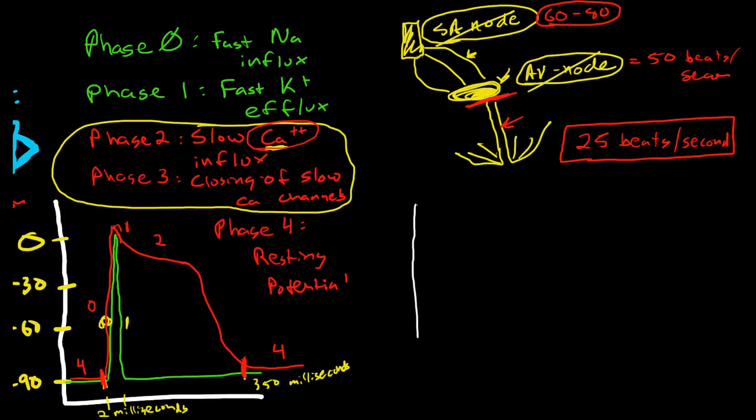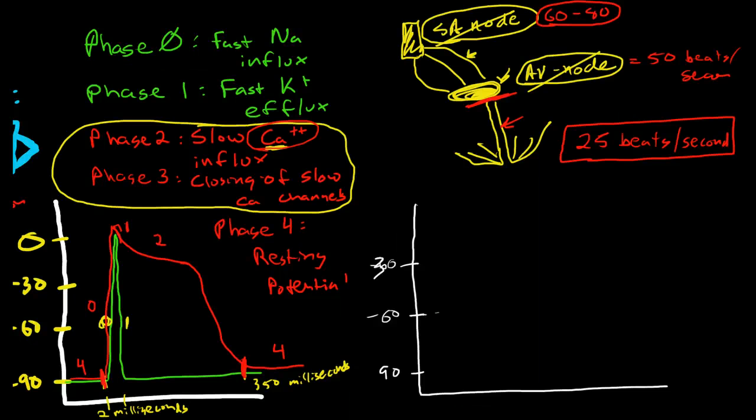Now, there actually are contractile tissues that also have the potential to be pacemaker cells, but it's generally the conductile tissues that start the pacemaker. All right, so let's draw this little diagram again. Negative 90 millivolts, negative 60 millivolts, negative 30 millivolts, and 30.